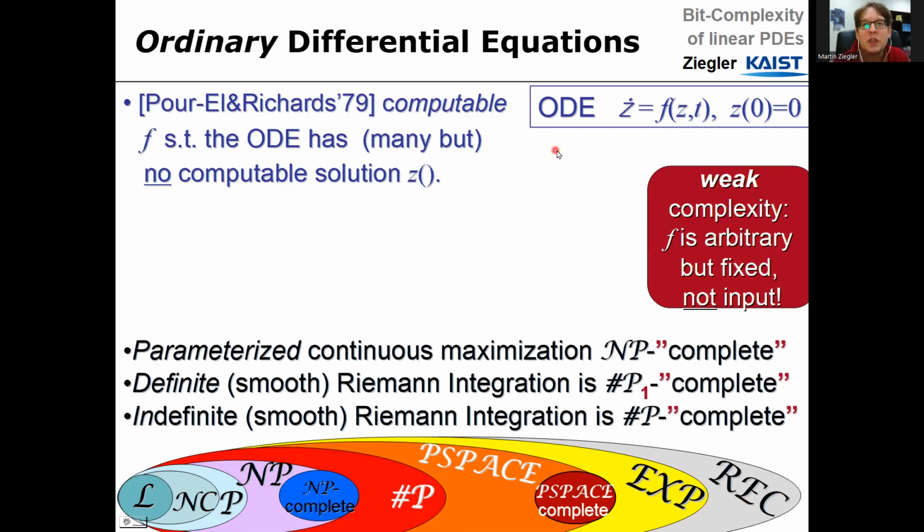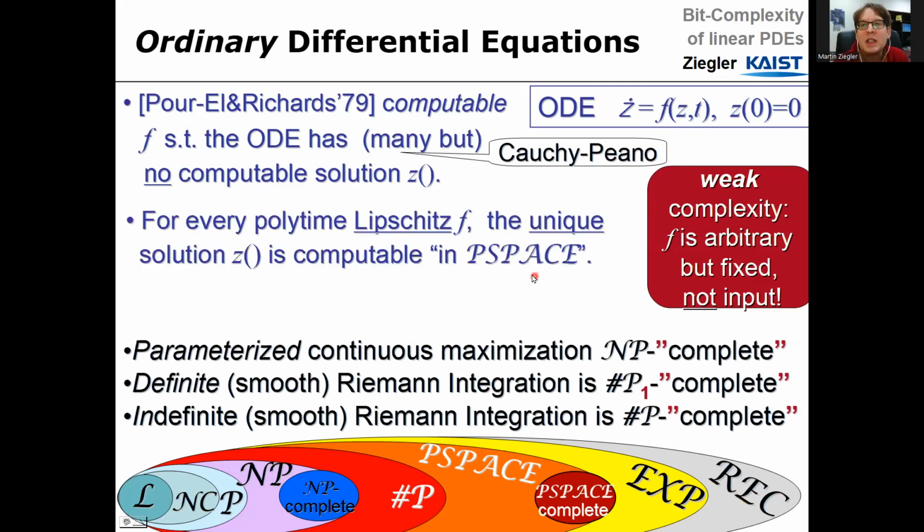This essentially is due to the non-uniqueness in Cauchy-Peano's existence theorem when the right-hand side is only continuous. When the right-hand side is actually Lipschitz continuous, then we know classically that the solution is unique, and one can show that it's actually computable.